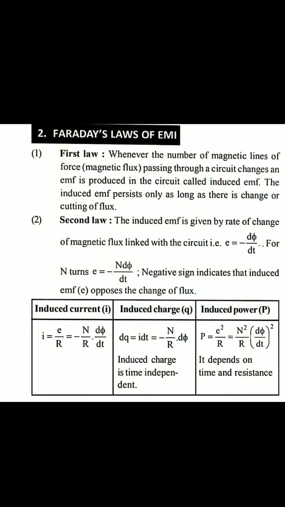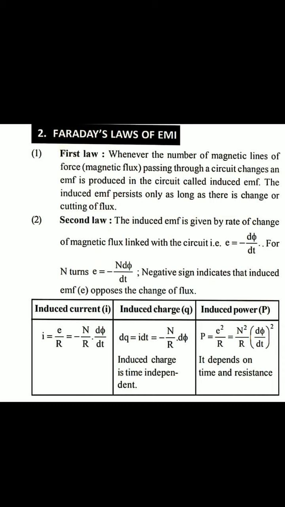If the normal drawn to a plane points in the direction of the field, then theta equals 0 degree. That means the area vector and the magnetic field are in the same direction. The angle between them is 0 degree. In this case, the flux is taken as positive.